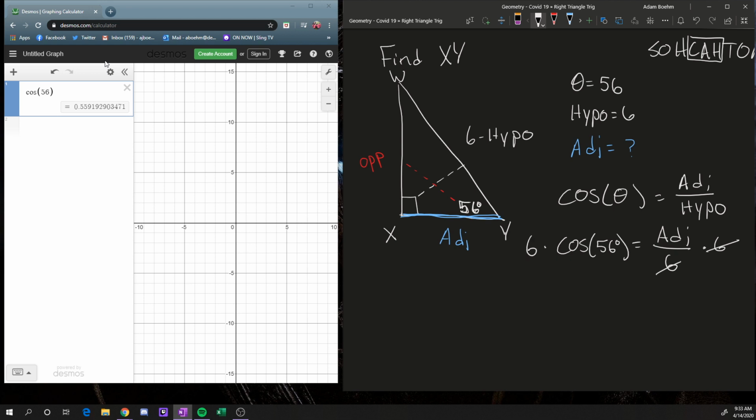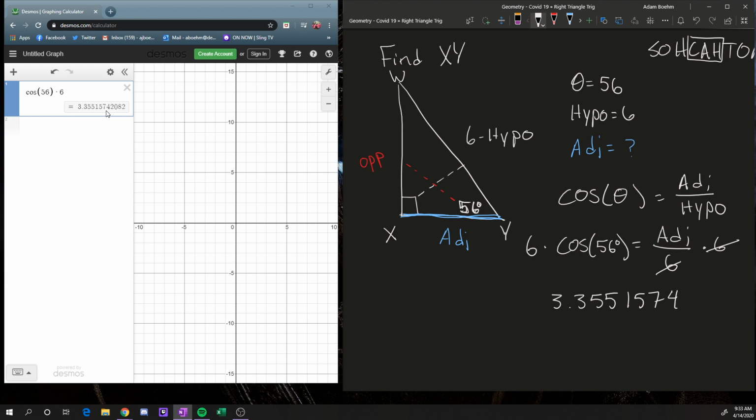Then the adjacent is equal to 6 times the cosine of 56. Multiplying that by 6, we get the answer 3.3551574, etc.